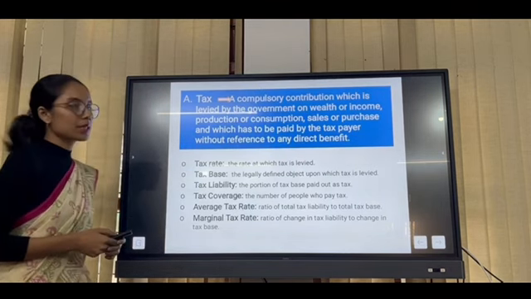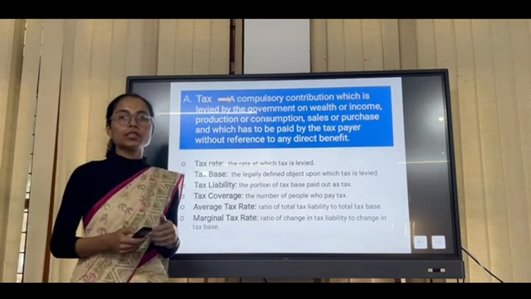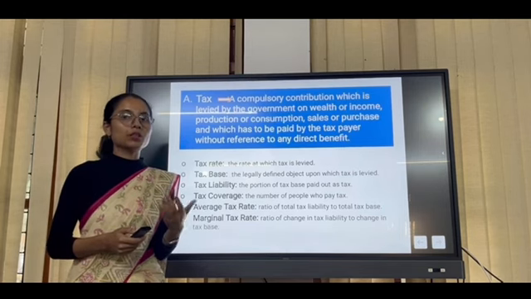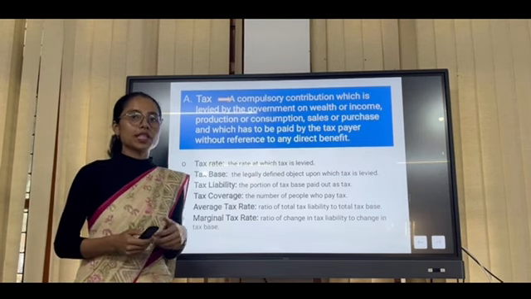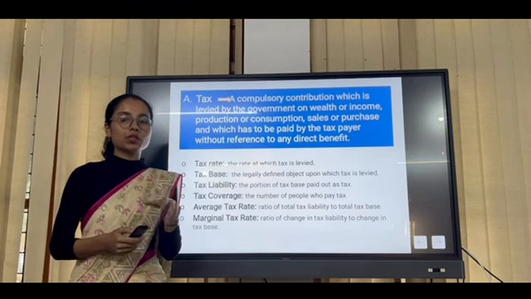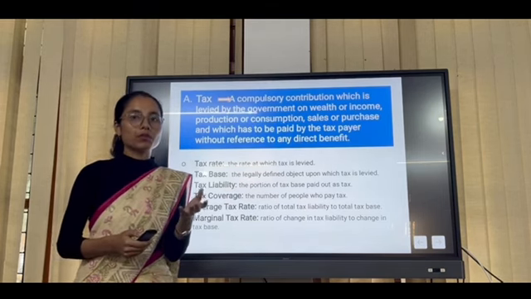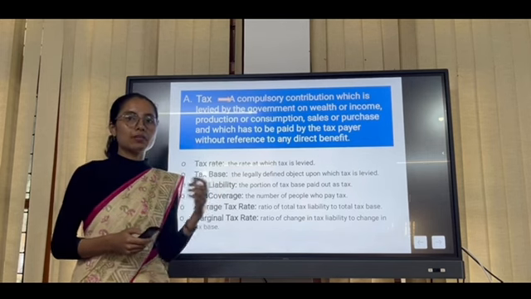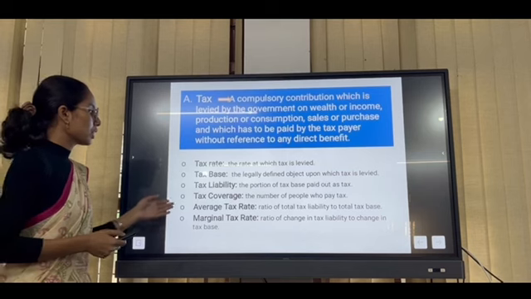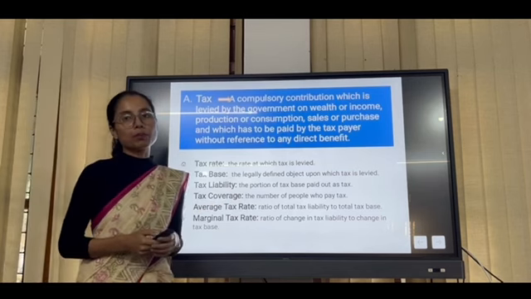Then another concept is tax liability. We are clear now about what is tax rate, but what is tax liability? The portion of income that individuals pay to the government in the form of tax is called the tax liability of the individual. Tax coverage refers to the number of people who pay tax.